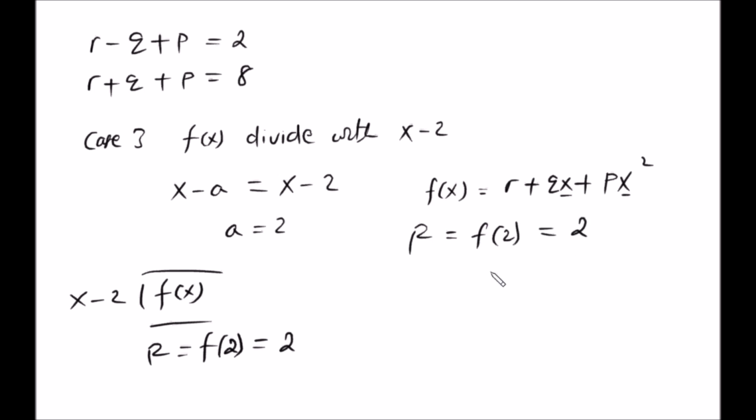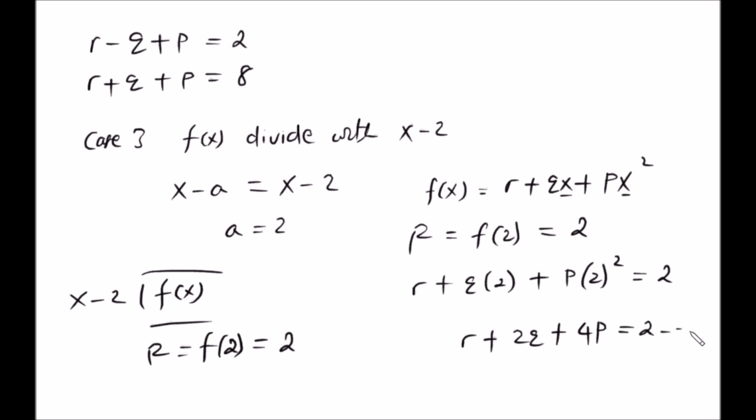So f of 2 hapa niweke 2, so itakuwa ni r plus q times 2 plus p times 2 squared ni sawa na 2. So itakuwa ni r plus 2 times q ni 2q, 2 squared ni 4 times p ni 4p. So this will be my third equation. So nitatumia hizi equation tatu now kutafuta the values of p, q and r.